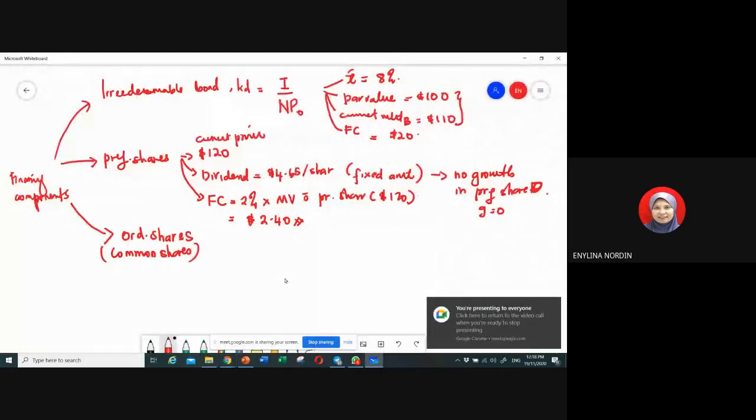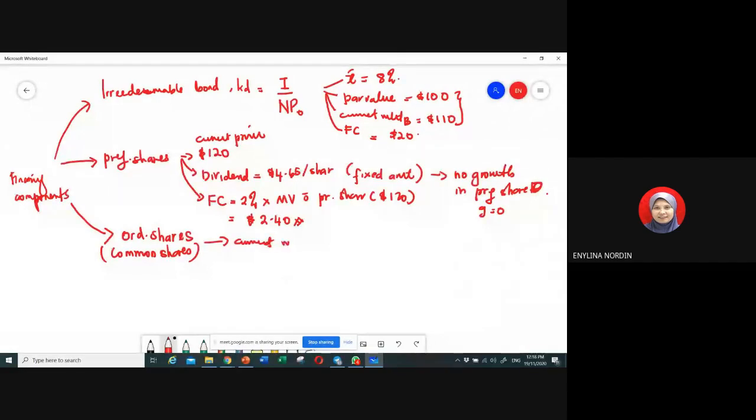It's stated that the company will issue ordinary shares or common shares at the current market price of the share, which is 3 ringgit and 50 cent per share. So this is the current price. And then issuing this ordinary share, the company has to bear a flotation cost of 50 cents, already calculated for you.